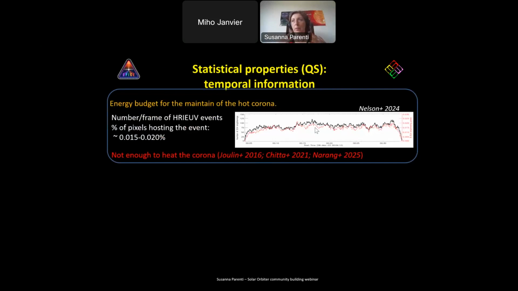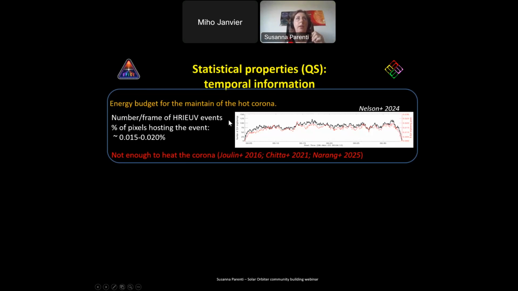The situation is that the observed events, even if we take the smallest ones, are not enough to maintain the corona at 1 million degrees. So we are looking for even unresolved or tiny events to see if they have a role in the corona heating.